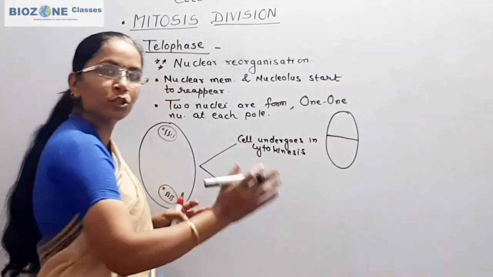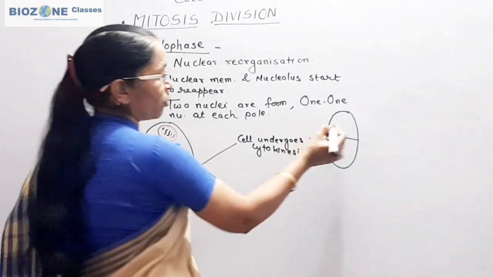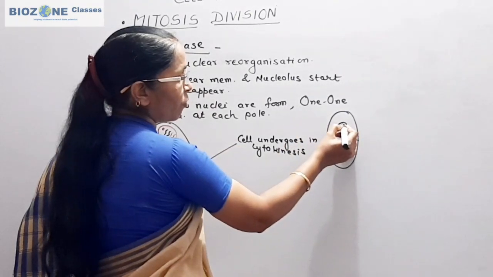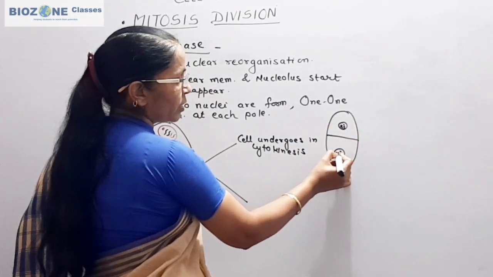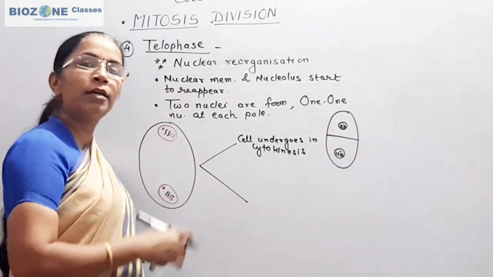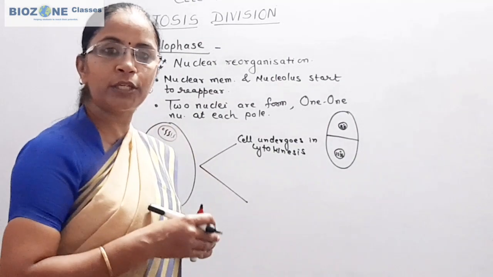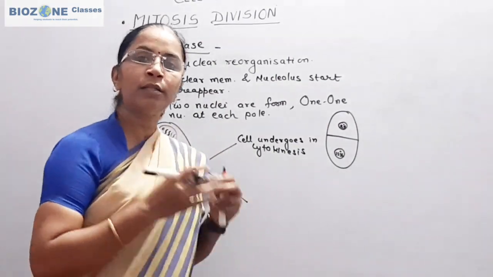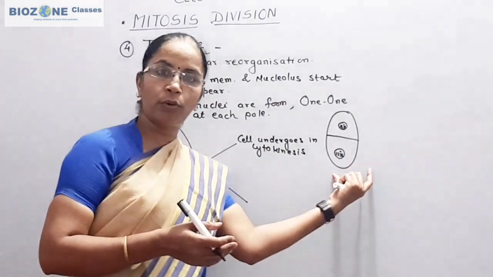Due to division of cytoplasm, two cells are formed, and these two cells show the presence of a single nucleus, then the division is called cellular division. And here the cells are said to be uninucleate.